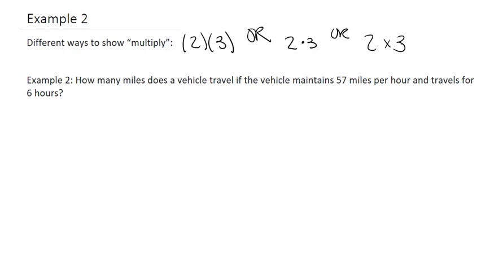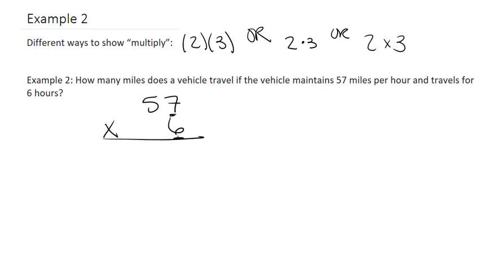Example 2. How many miles does a vehicle travel if the vehicle maintains 57 miles per hour and travels for 6 hours? So for this problem, let's write the bigger number on the top and then the 6 below it. And we're going to multiply. And we always begin with the 6 and we're going to multiply it by the number on the far right first.